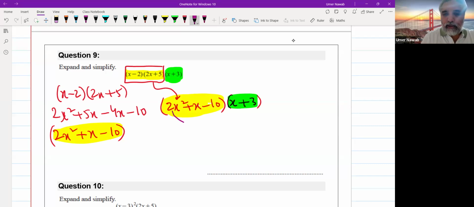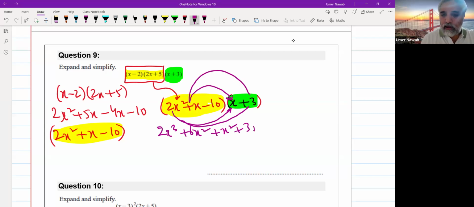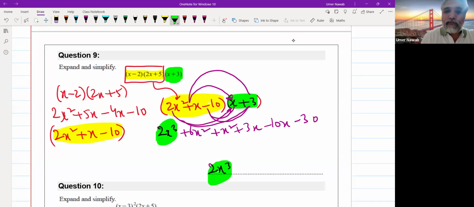Let's do it. 2x squared times x, 2x cubed, 2x squared times 3, 6x squared, x times x squared, x squared, x times 3, 3x, negative 10 times x, negative 10x, and negative 10 times plus 3 will be negative 30. So 2x cubed is an isolated term, so I'm going to copy it.